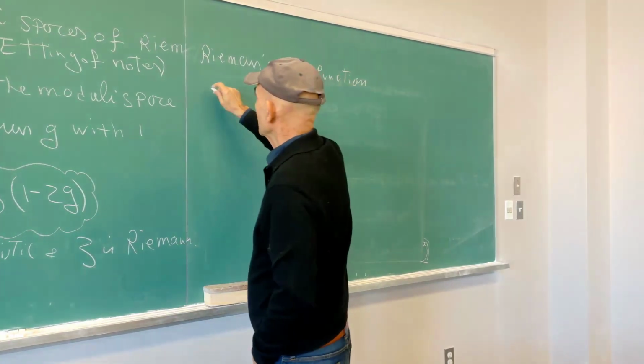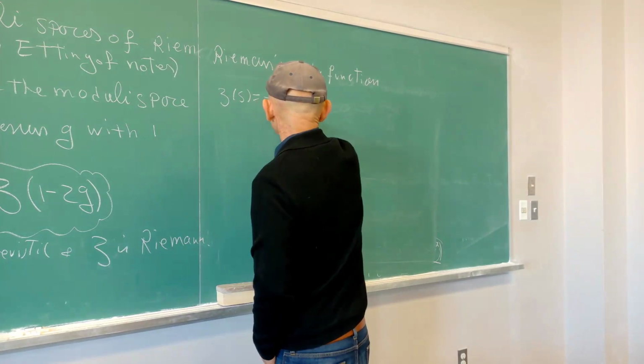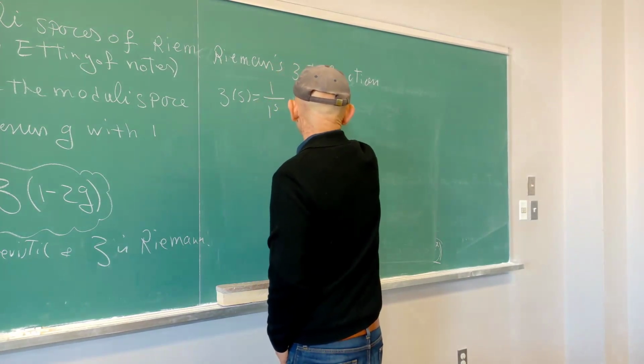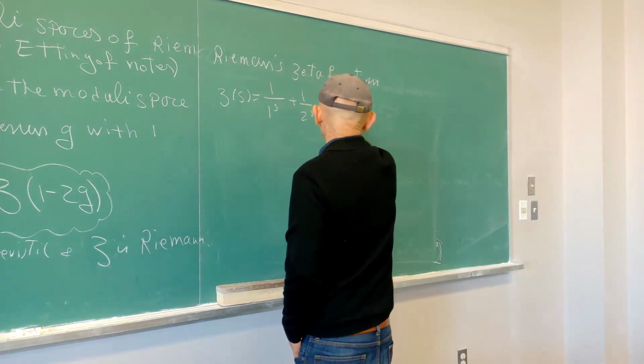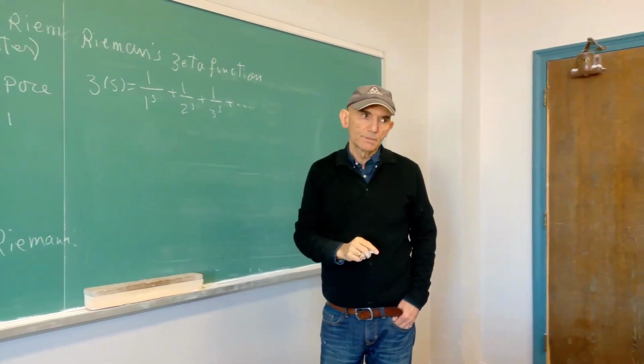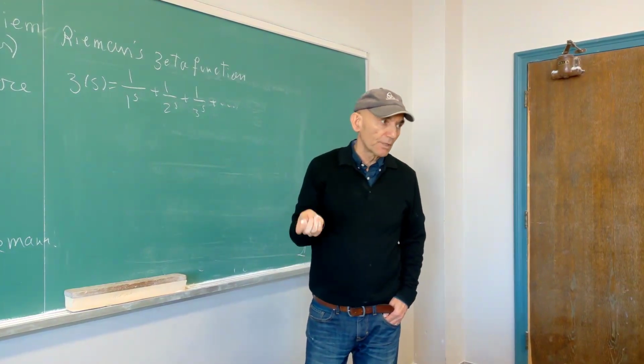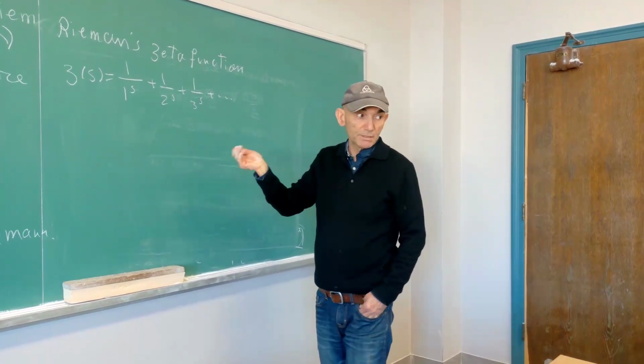Very quickly, because you know this, zeta of s is equal to 1 over 1 to the s plus 1 over 2 to the s plus 1 over 3 to the s. Right? This is the Riemann zeta function. This is originally defined for real part of s bigger than 1 because of the p-series test.